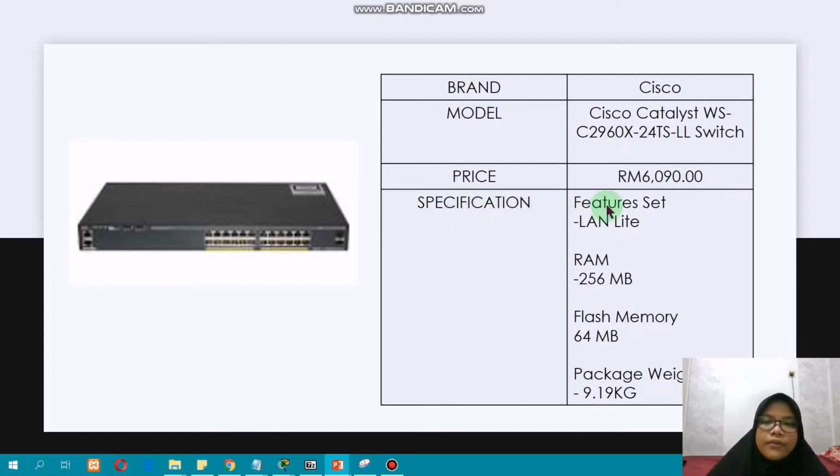Specification: feature set LAN Lite, RAM 256 MB, flash memory 64 MB, and package weight is 9.19 kilograms.